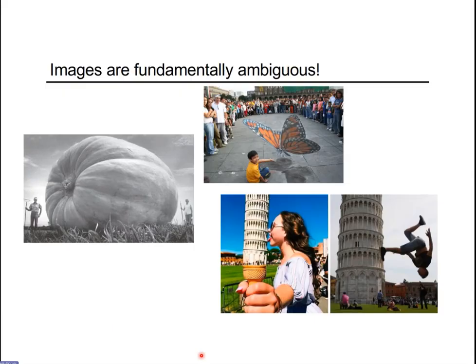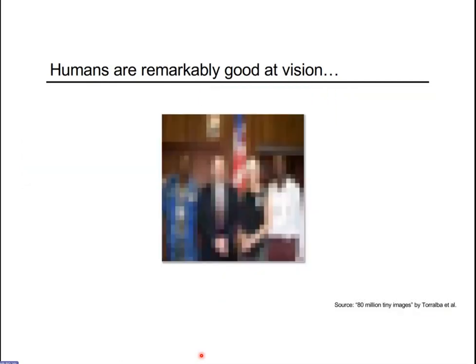Big butterfly on the ground, the pizza tower. Okay, as you said, humans are remarkably good at vision. So from this image, who has the sense what the image is?